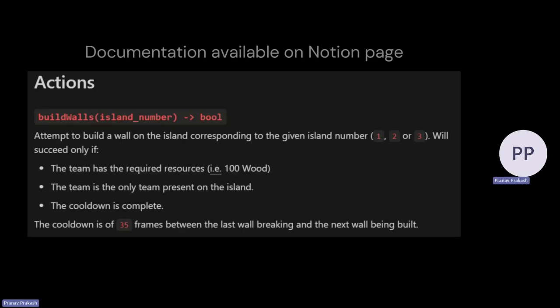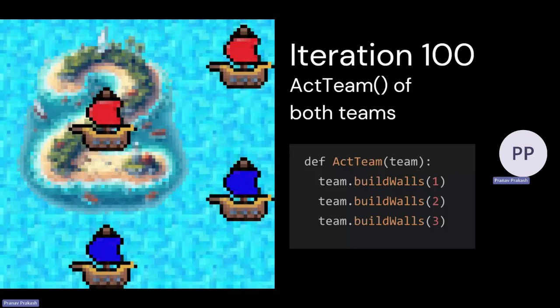There are some conditions that the team has to satisfy for the wall to be successfully built. Firstly, the team should have the required resources. Secondly, the team should be the only team that is present on the island. That is, all pirates on the island should belong to that team. Also, the cooldown should be complete, but for our case, let's assume that the cooldown is complete. Now, if we look at the map, we see that the blue pirates are not capable of building a wall on island 2.